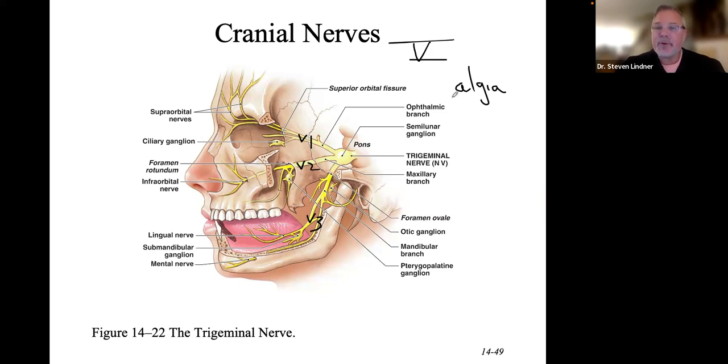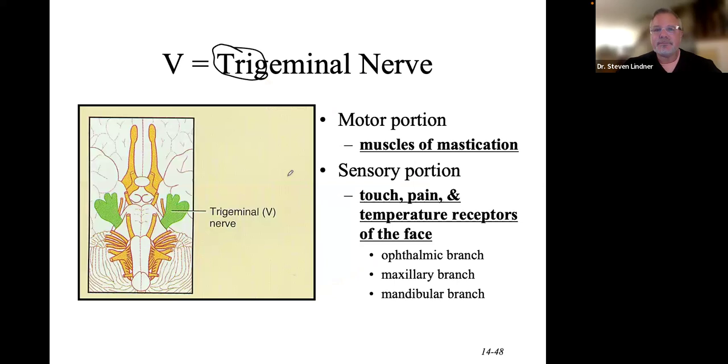Like fibromyalgia is muscle pain. Arthralgia is joint pain. Neuralgia is nerve pain. So trigeminal neuralgia is when the person has lightning pain to their face. And it is the most painful neurological condition that exists. It's considered to be suicidal pain because it's like knife-like lancinating pain to this distribution of the nerve.